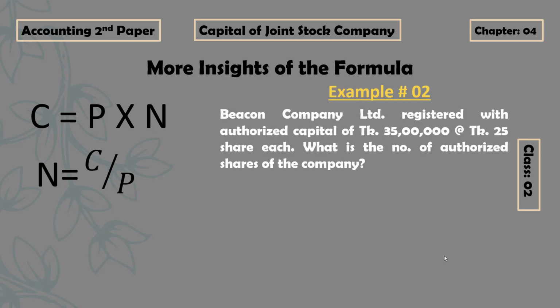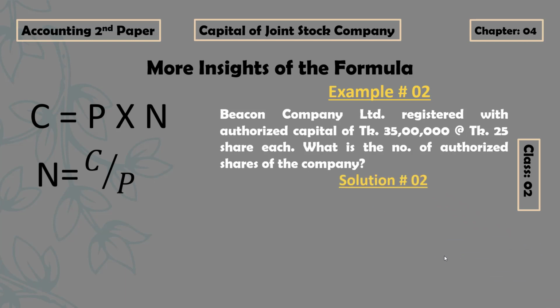Let's take another example. Beacon Company Limited registered with authorized capital of Taka 35 lakh at Taka 25 per share. Here total capital is given and each share price is given. Our question is to find the number of authorized shares of the company.